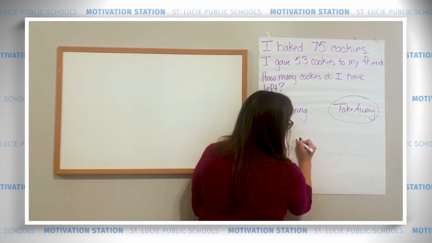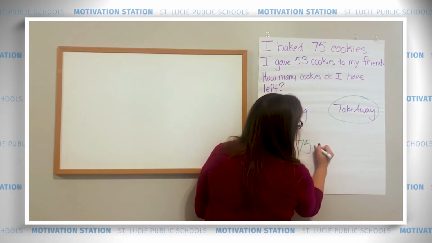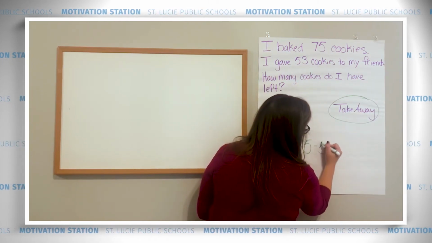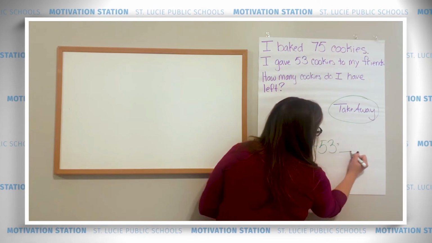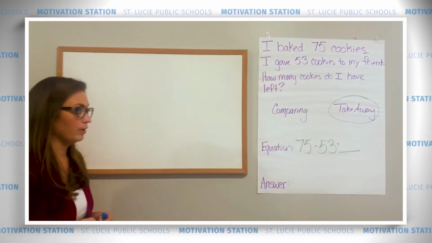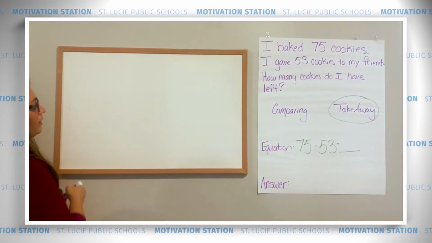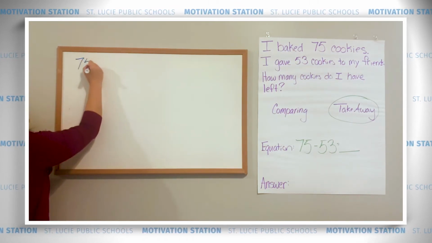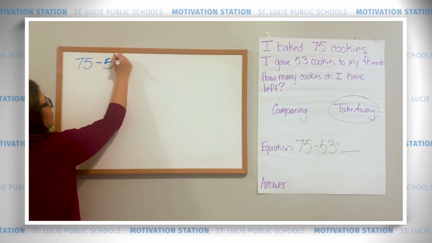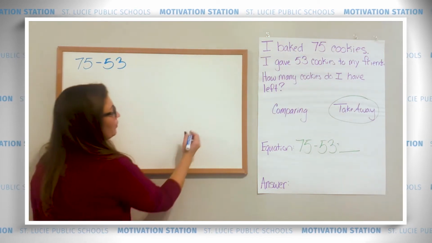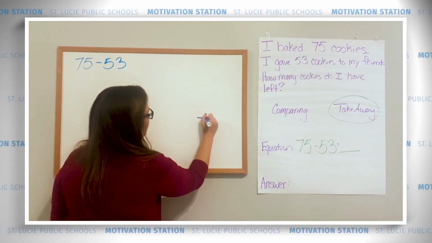So here I have 75 minus 53. That's what we're going to solve for. So let's come over here and start our open number line for 75 minus 53. Open number line, we know we're going to start with our 75.